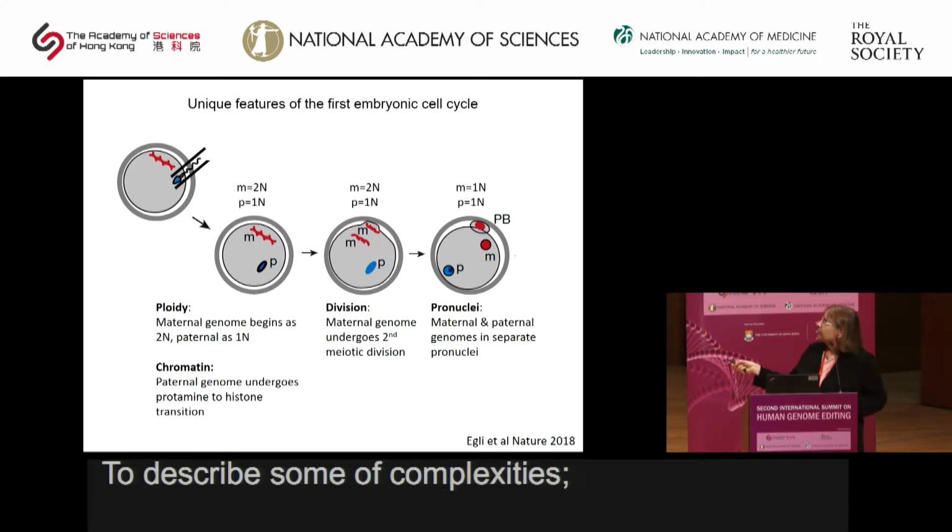This is the start of a human embryo. In this case, it's an injection of sperm, but you get a fertilized egg. And I think one of the things that people often don't really think about, if we're used to mammalian cell culture and gene editing there, is that this embryo starts with 2 copies of the maternal genome, which will still have to divide, and a sperm genome that has a very different chromatin structure compared to a normal nuclear genome.